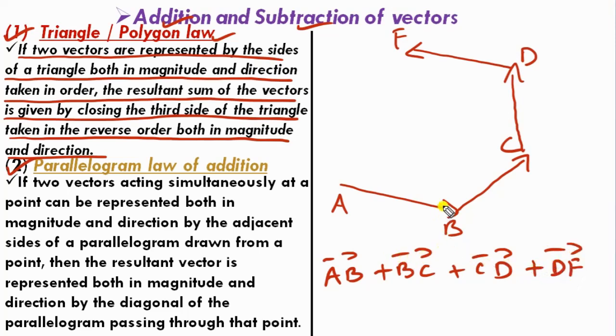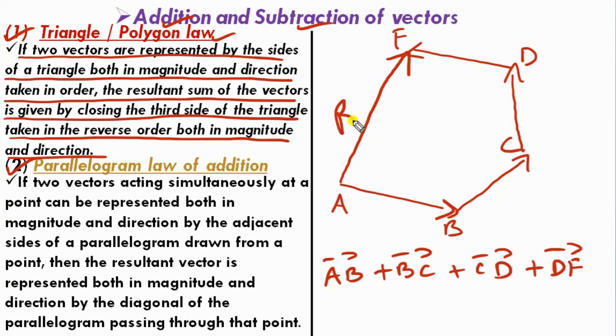Why can we apply the polygon law? Because all these vectors represent the sides of a polygon and all these vectors are taken in order. That means the head of each vector is coincident with the tail of the other vector. Vector AB, then BC, we are going in an order. It is not like vector AB, then vector CB. It is like vector AB, then BC, then CD, then DF. The resultant would be shown by this side, which would complete this polygon.